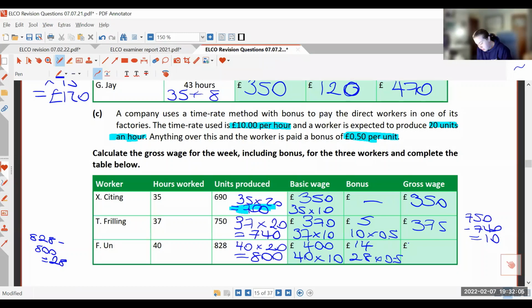Okay, so that gives us a total of 414. So yeah, that's probably the most difficult type of calculation question that you might get on an exam. You can see there's quite a few different things going on there.